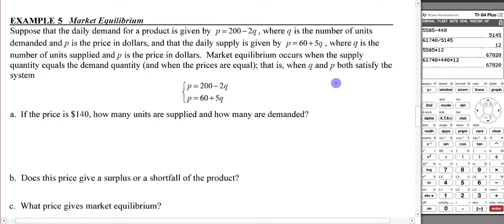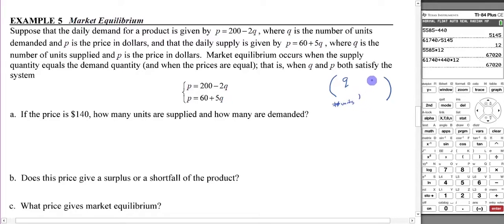So let's take a second out here to specifically write out what variables we're using and what they represent. Q is going to be in place of where we usually have an X. It's going to be our independent variable. And it's either the quantity that is demanded or the quantity that is supplied. So we'll just say that this is the number of units.